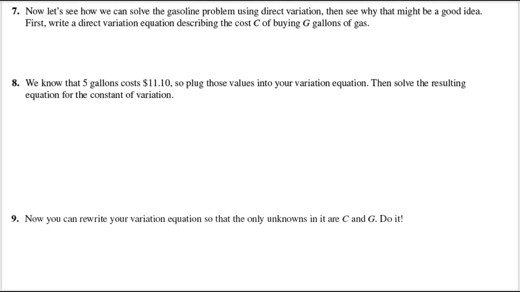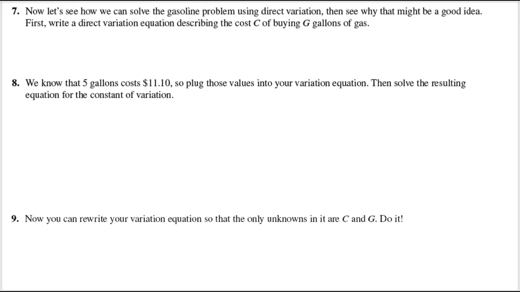Question 6. Let's go back to that same gasoline problem using direct variation. You might wonder why that might be a good idea. First, write a direct variation equation describing the cost C of buying G gallons of gas. So cost is what we're calculating, and it's going to be using G gallons of gas.